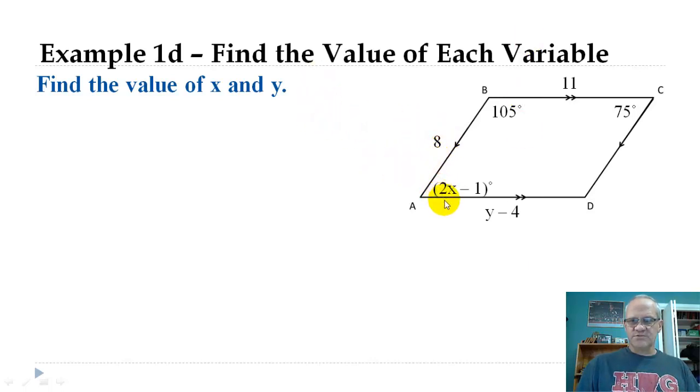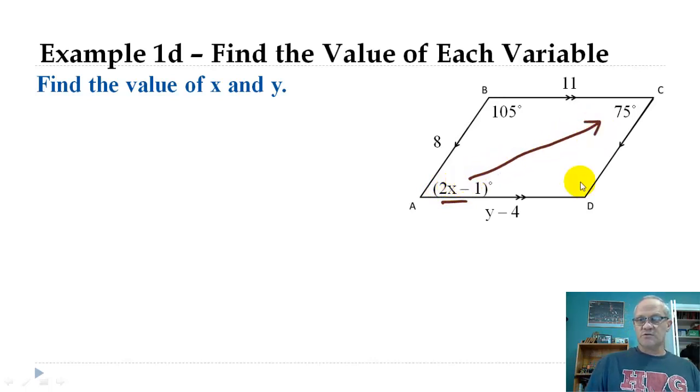Let's just start with x. Here's our x down here. What do we know? That's the angle, it's 2x minus 1 degrees. It's angle A. So what do I know? The angles straight across, opposite from that, are going to be equal. So I look straight across over here. That's 75. So what's the equation that I'm going to write? 2x minus 1 has to equal 75.